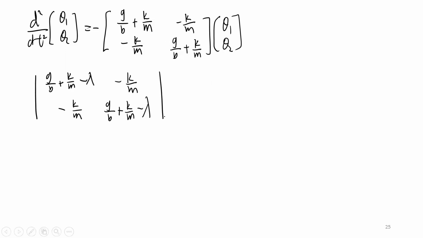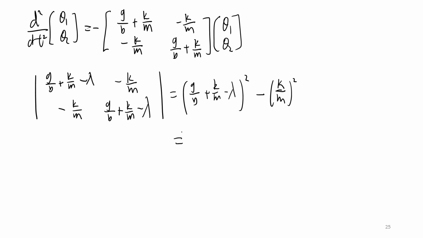This determinant would be equal to this whole thing squared minus kappa divided by m squared. And a squared minus b squared is just a plus b times a minus b, right? So this can be written as this, and it has to be equal to 0.